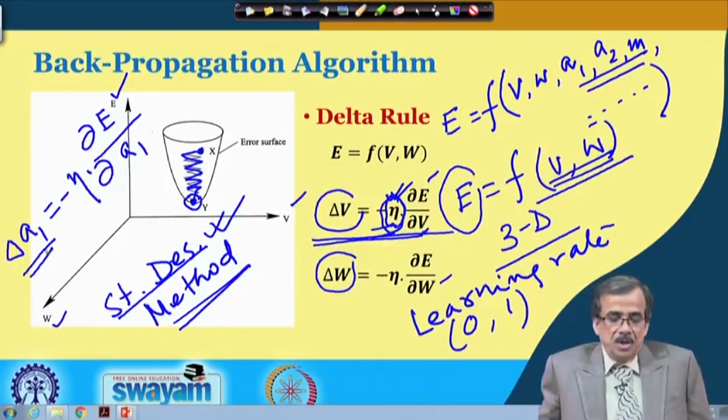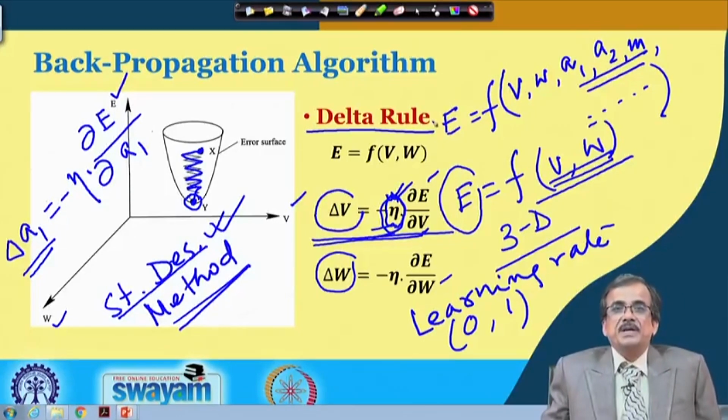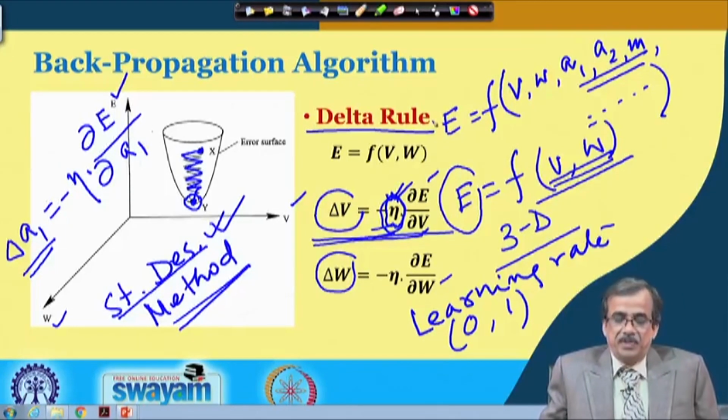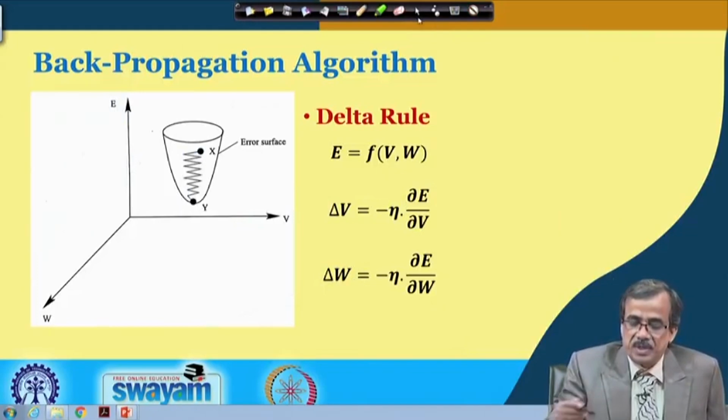So, this is the way we can implement this delta rule to find out the updated values for the connecting weights and the coefficients.